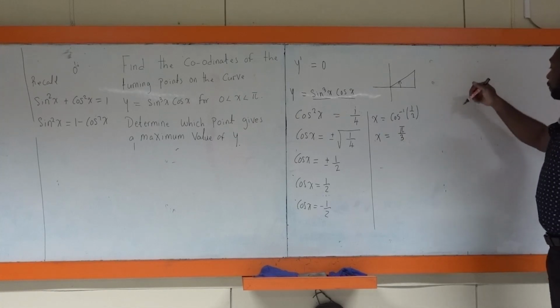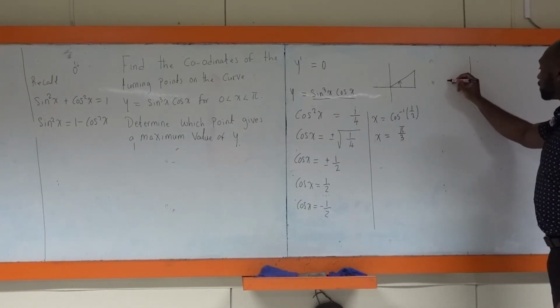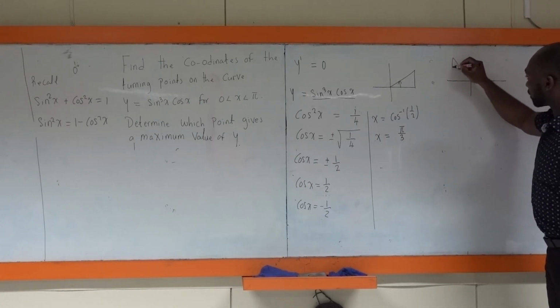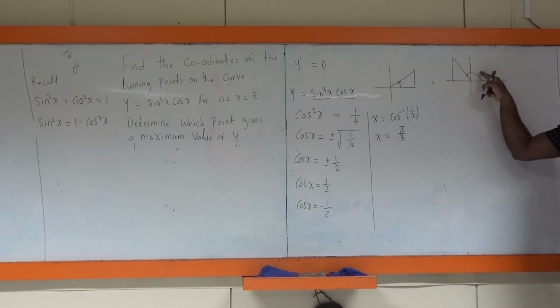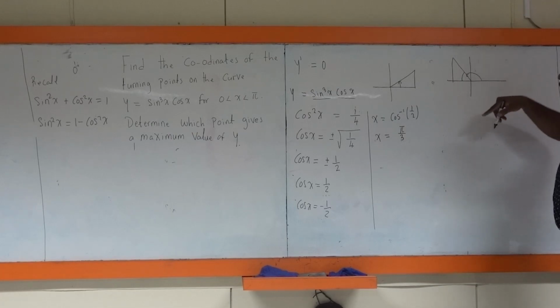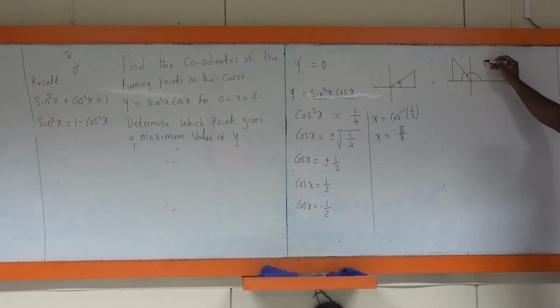So this is my pair of Cartesian axes. And in the second quadrant, the angle should look like this. So this angle right here is obtuse. And you know, the sum of this angle and this angle right here, which is acute, must be equal to pi, which is 180 degrees.